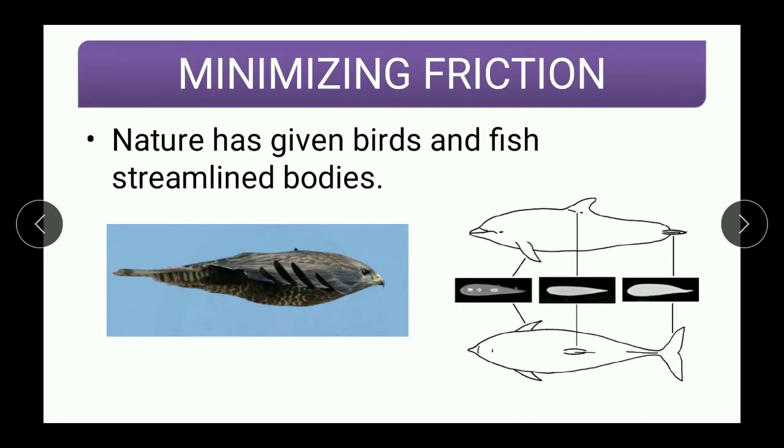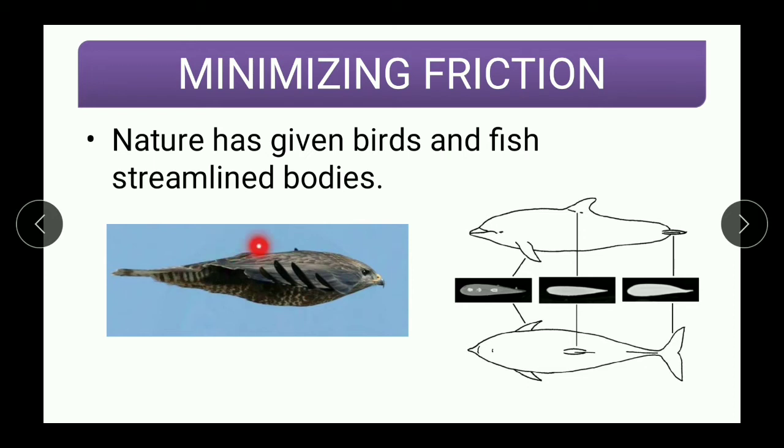Birds move through air, which is a fluid. And fishes have to move through water, which is also a fluid. And moving in a fluid in a proper manner requires streamlined bodies. And nature has already given these animals streamlined bodies.